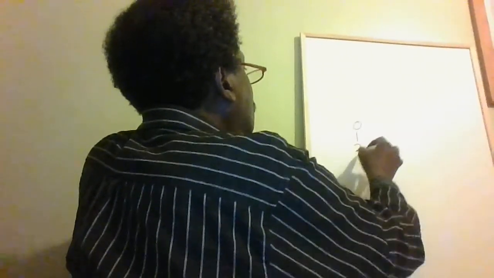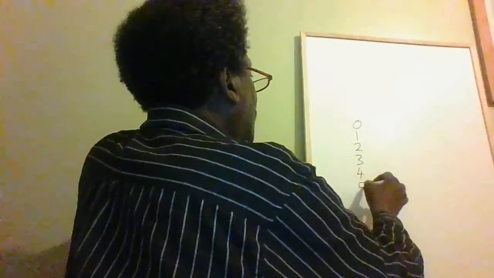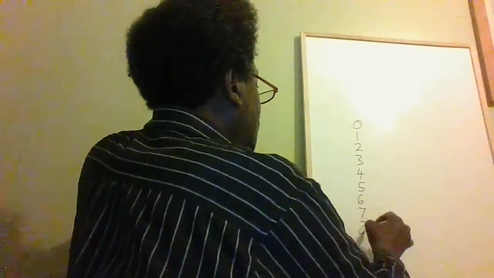There's a quick way of getting the 9 times table if you don't want to memorize it. You just go 0, 1, 2, 3, 4, 5, 6, 7, 8, 9.